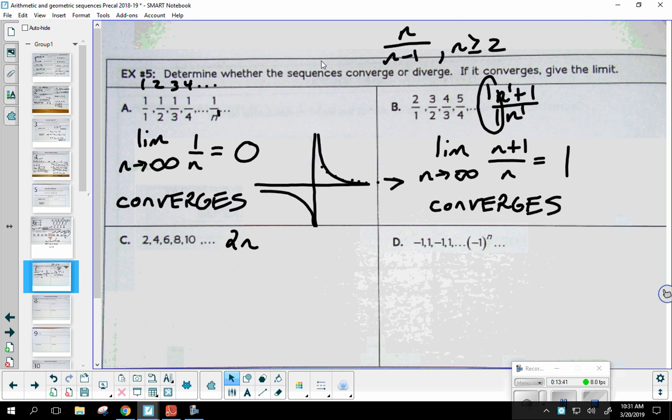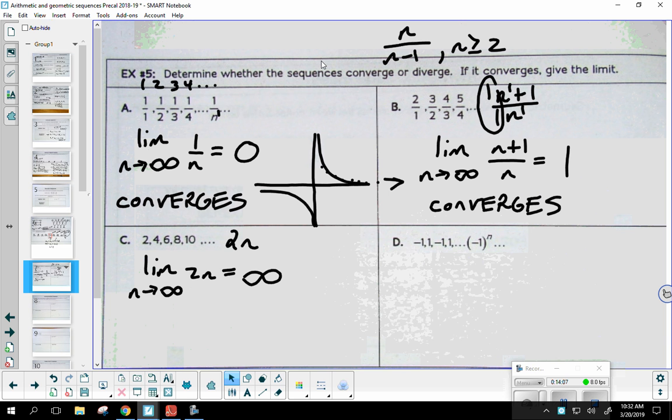Okay, but this one's not a rational function, so we can't treat it like we've been doing the other problems, but what's going to keep happening? As n gets larger and larger, what's going to happen to 2n? Yeah, as n goes to infinity, 2n is going to go to infinity. So the limit as n goes to infinity of 2n is equal to infinity.